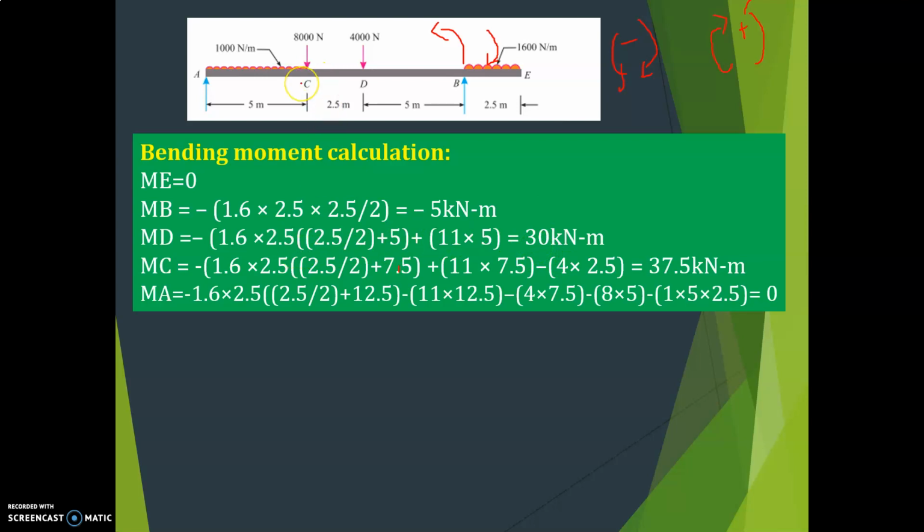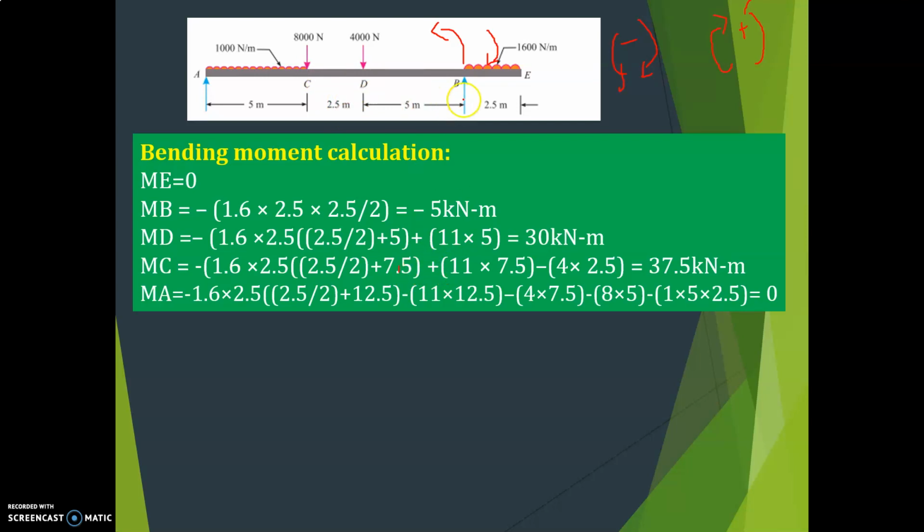Next, find at the point C, same thing. Again, first consider 1.6 acting in this direction. So minus 1.6 into 2.5 into half of 2.5 plus 7.5. Why? 5 plus 2.5 till C we are considering here, so 5 plus 2.5 is equal to 7.5.